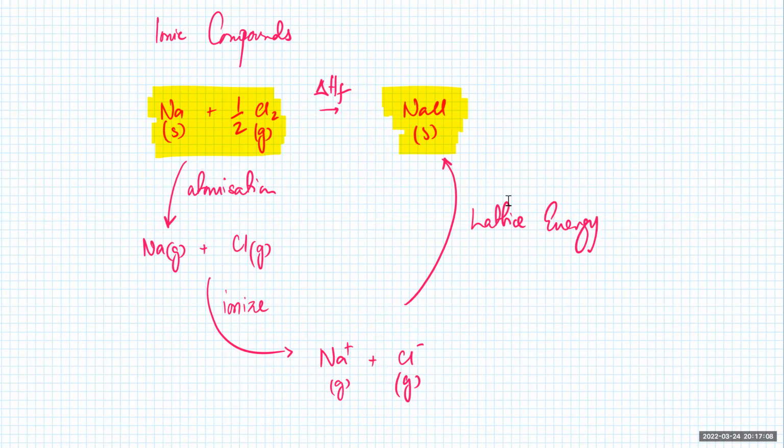Now I've combined a couple of steps. Atomization will happen in 2 steps, like sodium will be atomized and Cl will be atomized. What would atomization really mean? It would be the enthalpy change of atomization of sodium, plus the enthalpy of atomization of Cl atoms.